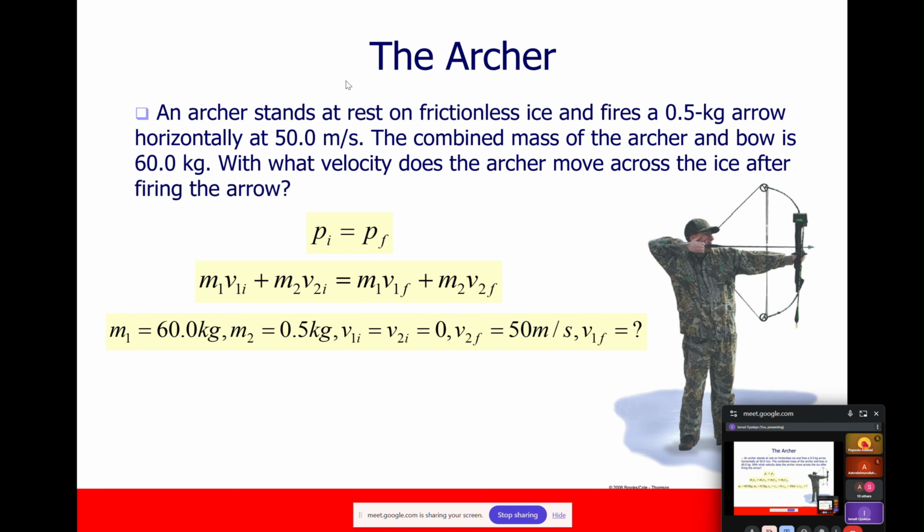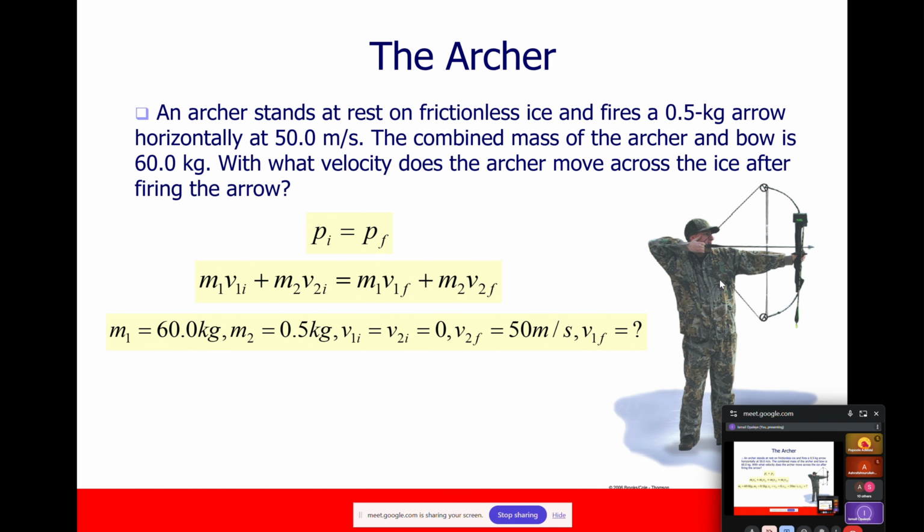So this whole setup here, together with this piece, that's the archer and the bow, holding this arrow here, about to fire. Now, the archer and the bow together with the arrow, they are all at rest. They don't have any initial velocity at all.